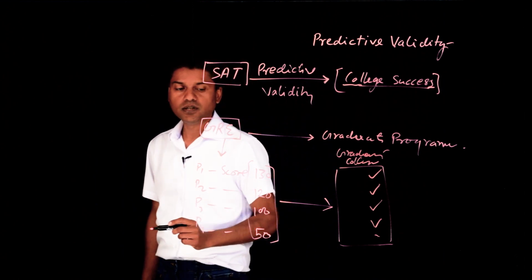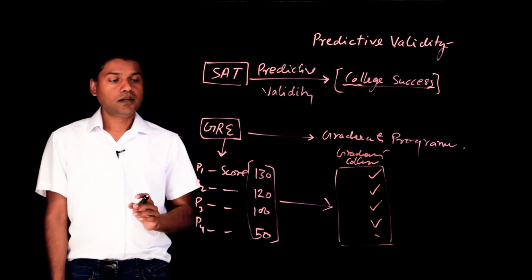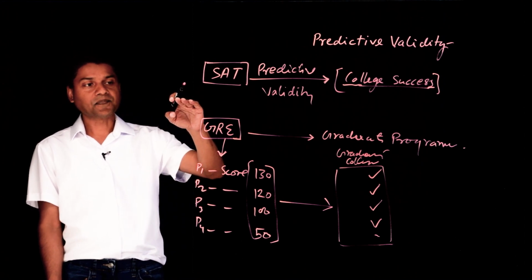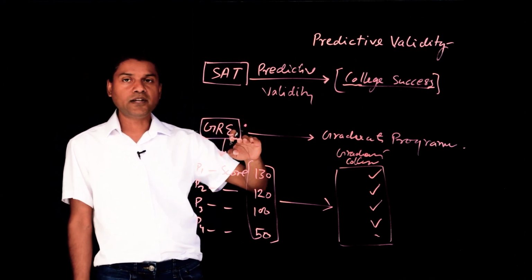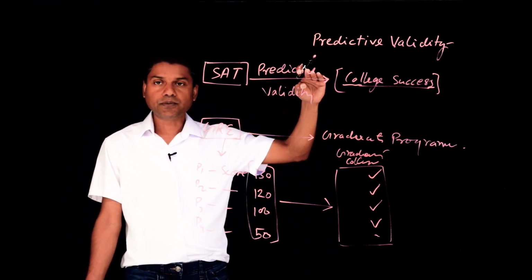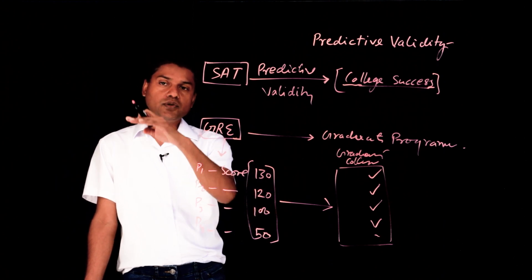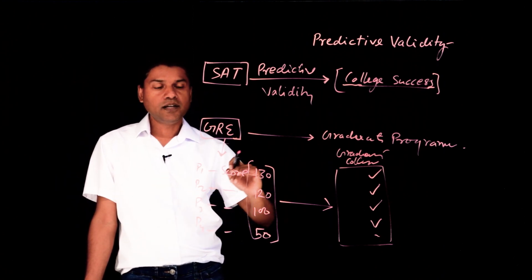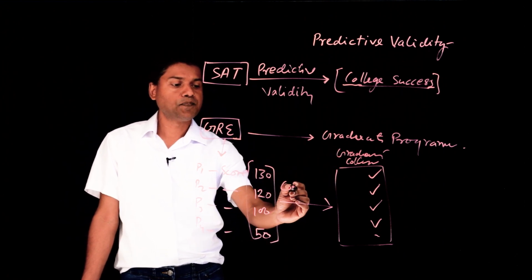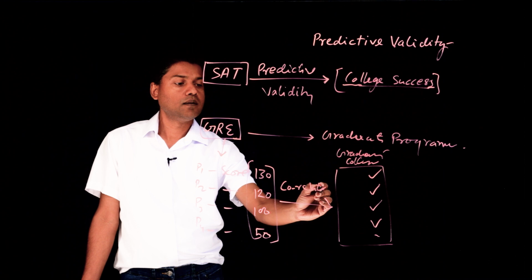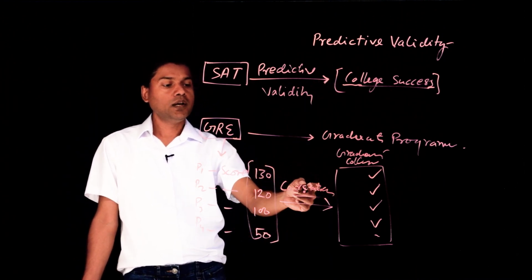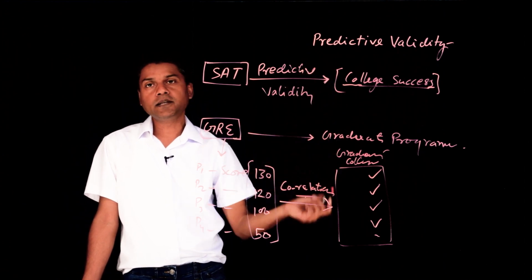If the correlation is high, meaning the students who score higher on the GRE test finish their graduate courses successfully with very high scores, versus the students who score low on the GRE, they tend to struggle in their graduate courses. So this correlation is how we measure the predictive validity of a test.